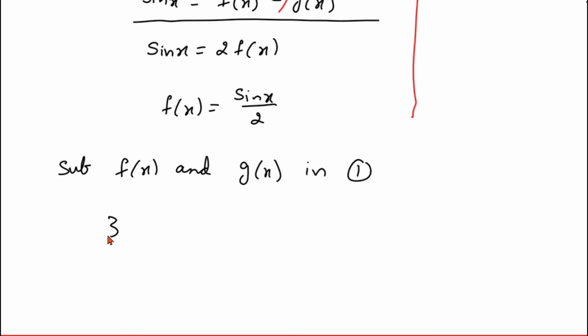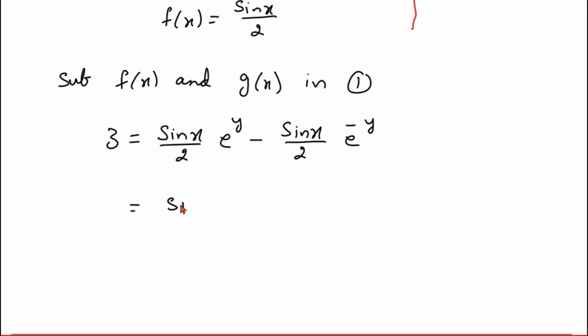Therefore, we'll be getting the value of z to be equal to f of x. You have f of x is sine of x by 2 into e power of y. Then g of x value is minus sine of x by 2 into e power of minus y. Sine x common outside. So suppose if I take sine x common and you can see 2 is common there, I'll just take 2 as the common LCM.